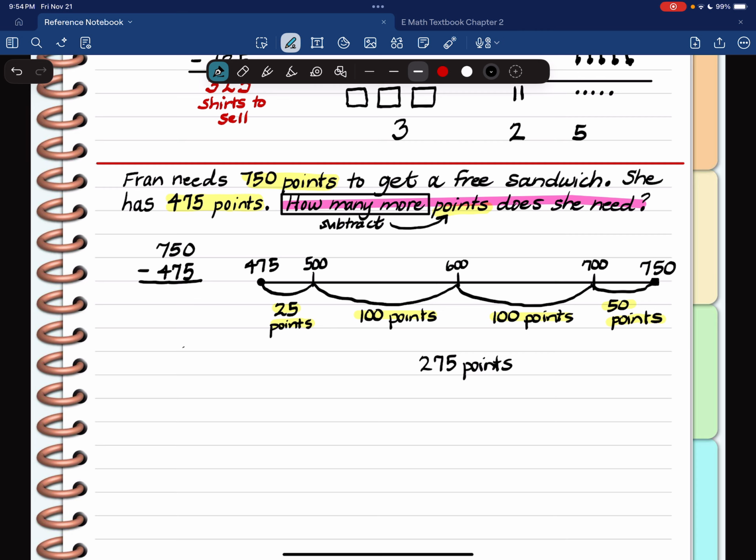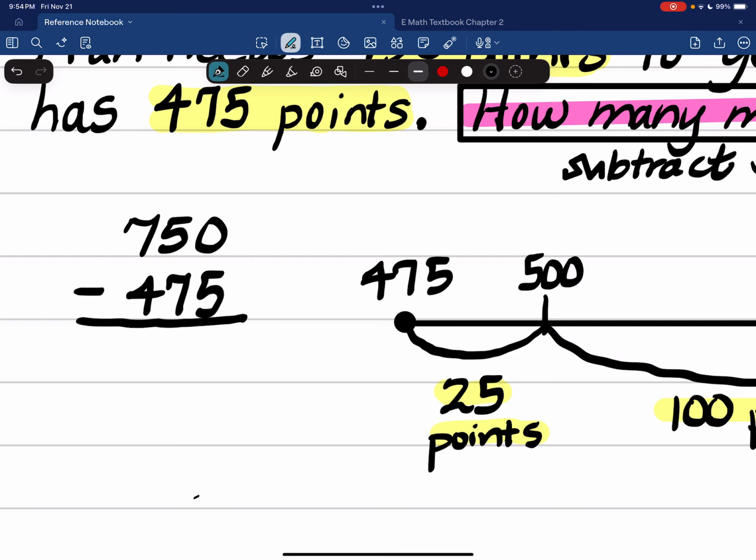And so let's check with the algorithm and see if this turns out to be true. And I will change to red to do this one. I cannot take 5 from 0, so I'm going to borrow one of those and give to this one. And then I can say 10 subtract 5 is 5.